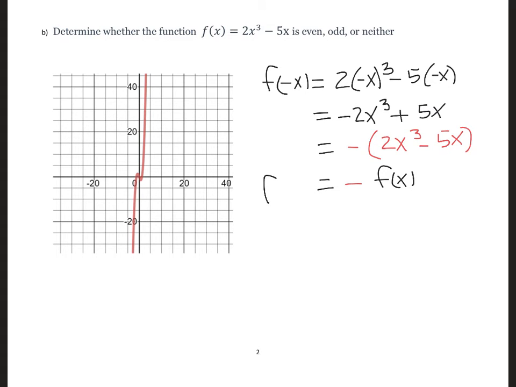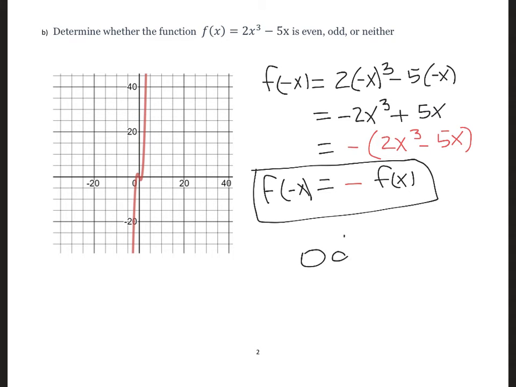So what I have here is f of negative x is equal to negative f of x. And that is the definition of an odd function. So I'm going to say here it's an odd function. And you can see from the graph, it's actually an odd function.